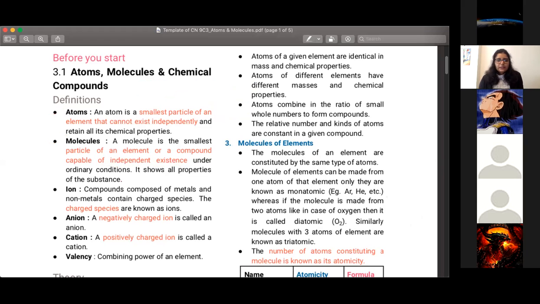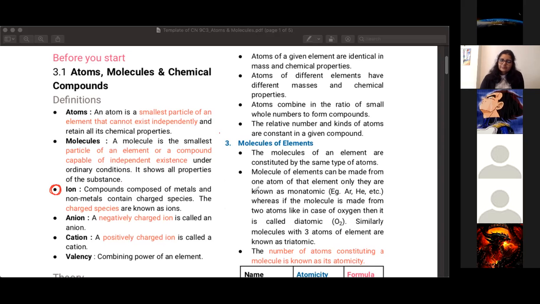All right. The next thing we'll talk about is ion. Have you guys heard of this word before, ion? Yes, ma'am. No. Okay. So what do you mean by an ion? Ma'am, when a compound is charged either positively or negatively, it is called an ion.